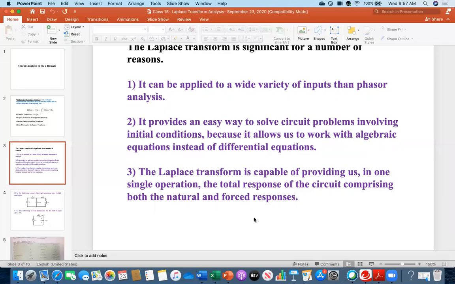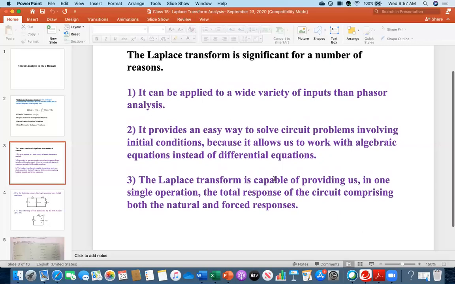Always you faced the issue of finding initial conditions, and when a source was present, you found the steady state value, the transient value, and you summed them up. But in Laplace, you did not think about that. Inherently, it will include both things.